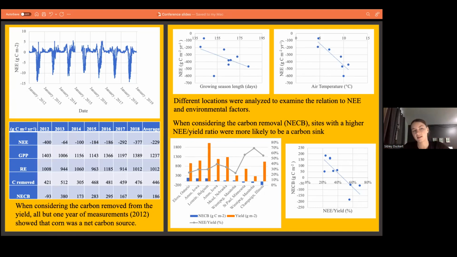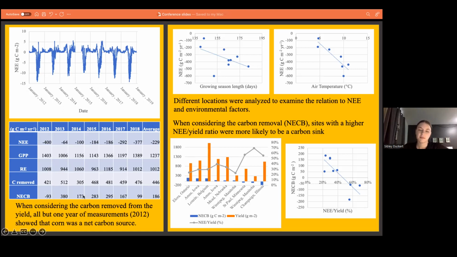Anything above 0 is a carbon source, and anything below is a carbon sink. And then the table below depicts the actual annual values. So we can see that the net ecosystem exchange is in the negatives for the first bit, but once we consider the carbon removed, so the net ecosystem carbon budget, we see that everything kind of turns positive except for 2012, indicating that it's actually a carbon source.